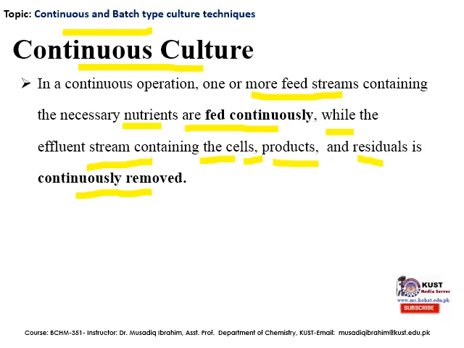While in case of continuous culture, the nutrients are being added continuously during the whole run of the fermentation process, as well as the outlet present within the fermentation tank takes up the effluent stream, which is containing the cells, the high value products like primary or secondary metabolites, as well as the residuals. So they are continuously removed along the whole run.